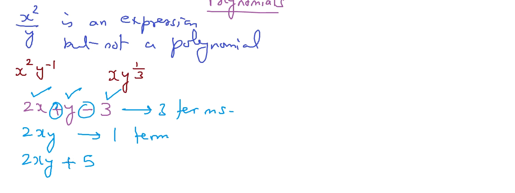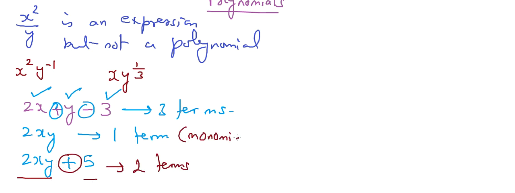There is a plus sign that separates these two. So this is one term, this is the other term. There are two terms. And if it is having one term, then it's called a monomial. Two terms, so this polynomial is called binomial. This, trinomial, and so on.